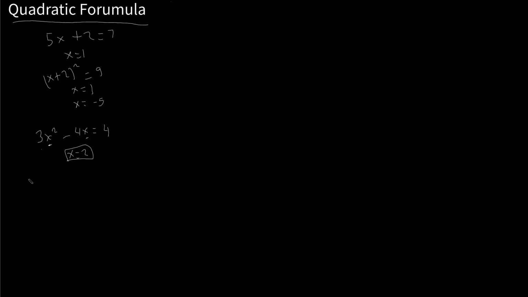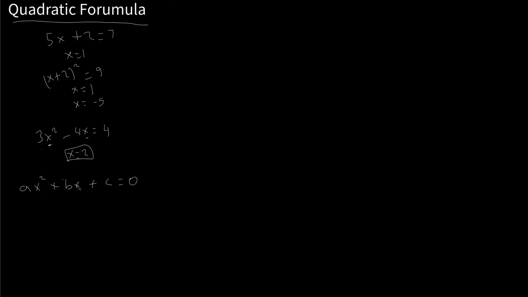First of all, let's write a general equation that will represent the equations we're trying to solve. Let's say we have some coefficient a on the x squared, plus some coefficient b on the x, plus some constant c is equal to 0, and we are given these three constants a, b, c and a variable x.